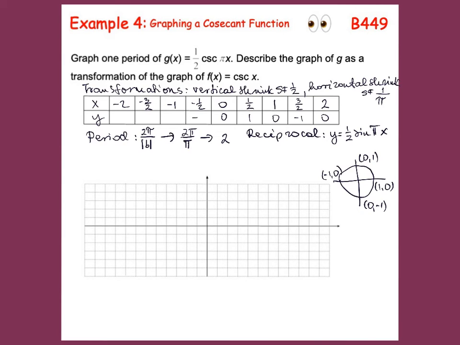And if I go backwards, it's negative 1, 0, 1, 0. So let us graph our function here. First our 1/2 sine pi x function. So we are going to have a 1/2, 1, 3/2, and 2. And here's our 0, negative 1/2, negative 1, negative 3/2, and negative 2.